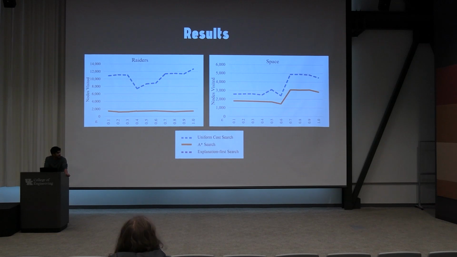Here is A star. A star did work better than UCS, and out of these 3 search algorithms, explanation first search works well, and lower values of epsilon are good for explanation first search for these problems.